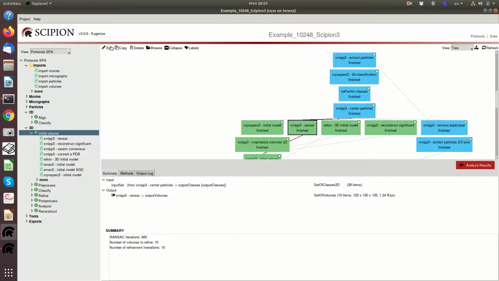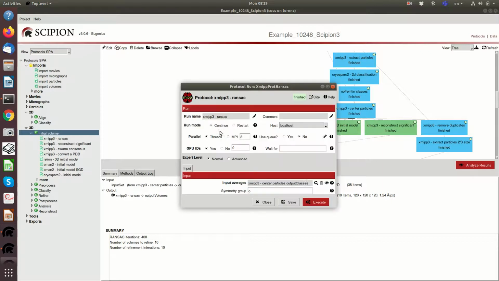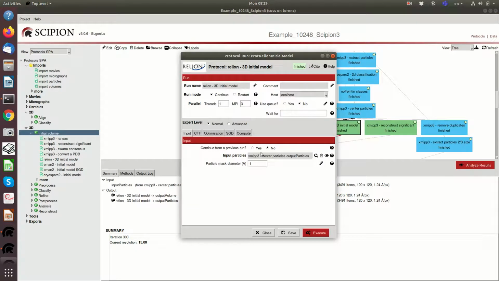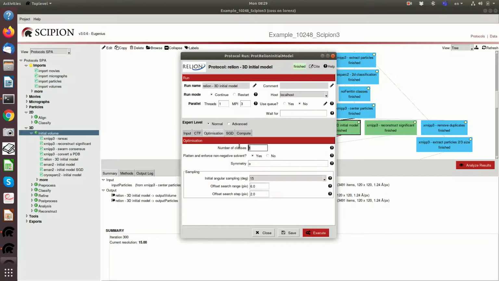And here, for instance, Ransac, instead of the images, is using the classes, the representatives of those classes, and Relion is using the images again. So here we are using these images, and we are asking again for just one class. All the remaining parameters you can normally keep the same.